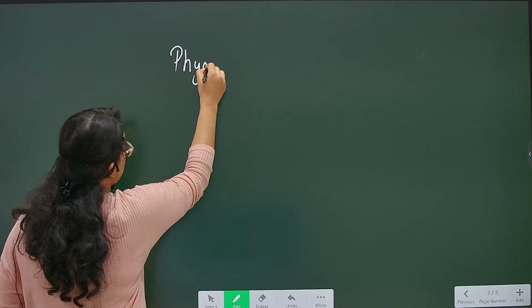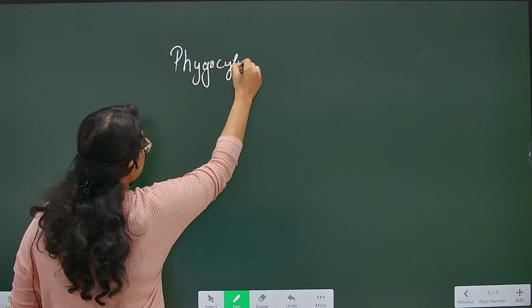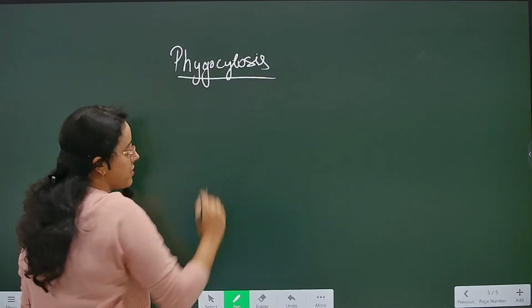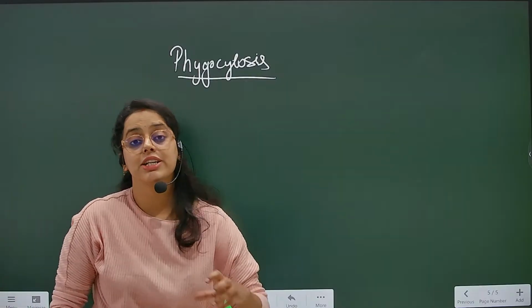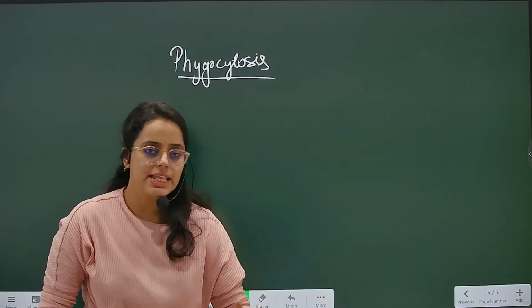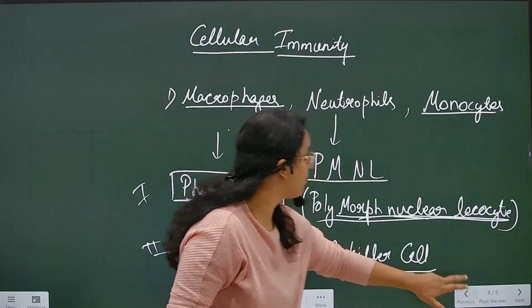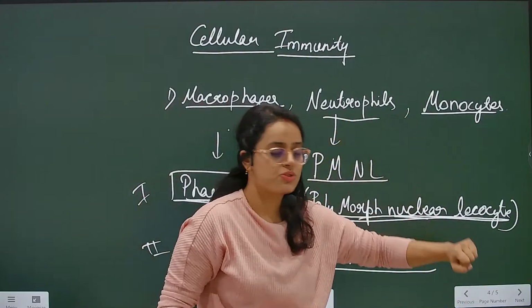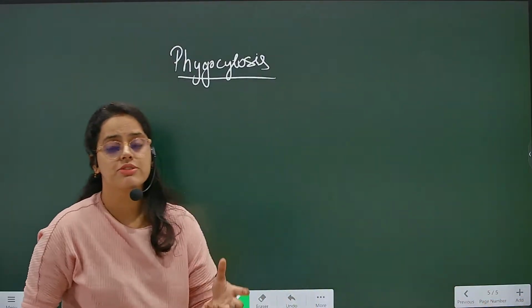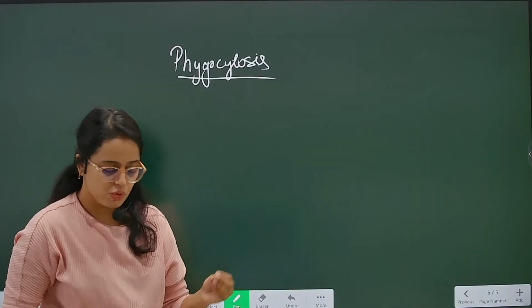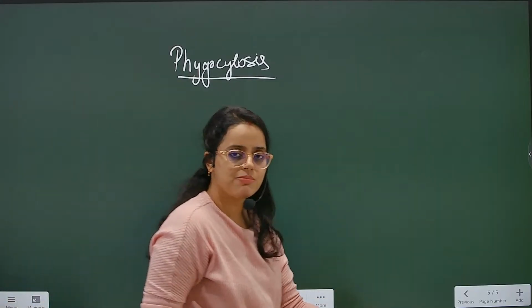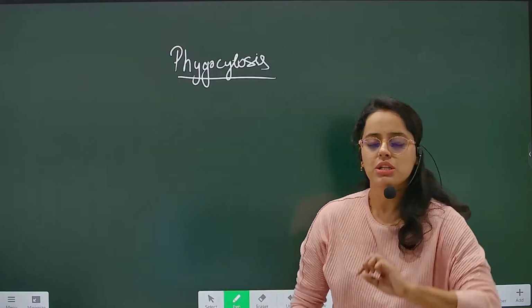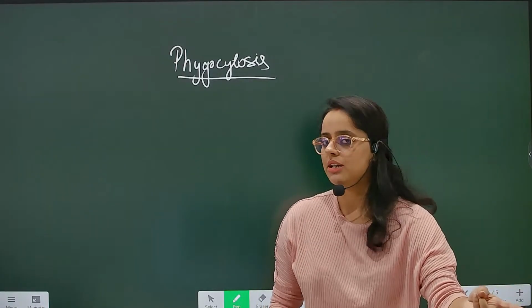Phagocytosis means they engulf. Macrophages are present in the tissue. In the blood we have neutrophils. Blood consists of neutrophils and monocytes, whereas tissue consists of macrophages. So whenever bacteria or viral particles enter through tissue, the macrophages are the ones that deal with them.